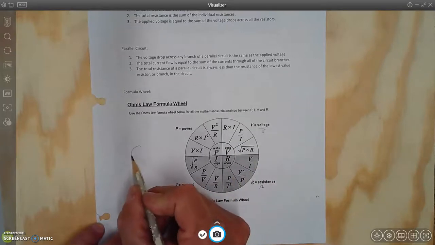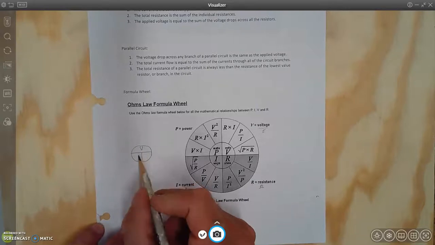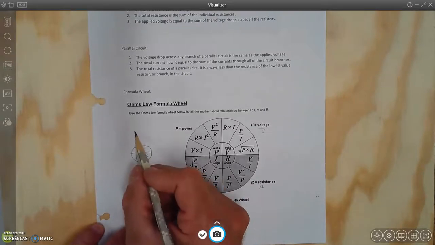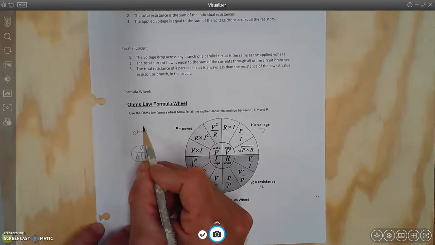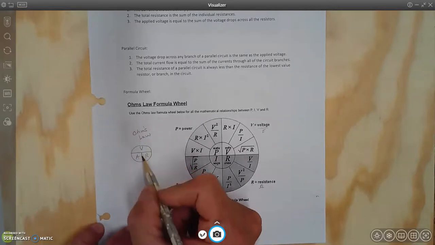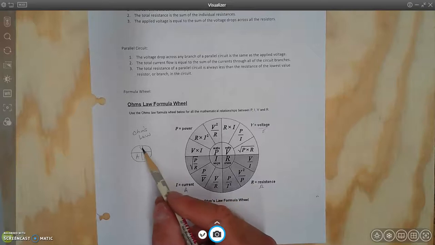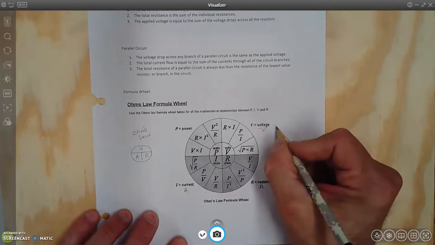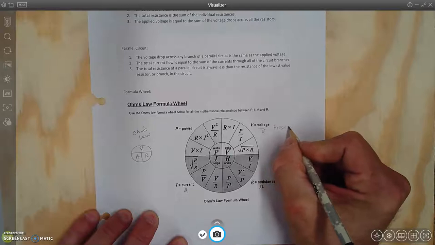Those three main ones get used in something called Ohm's law. Ohm's law says that there's a mathematical relationship between these three parts of an electrical flow. Voltage, as you know, is the pressure. It's like water pressure behind water.